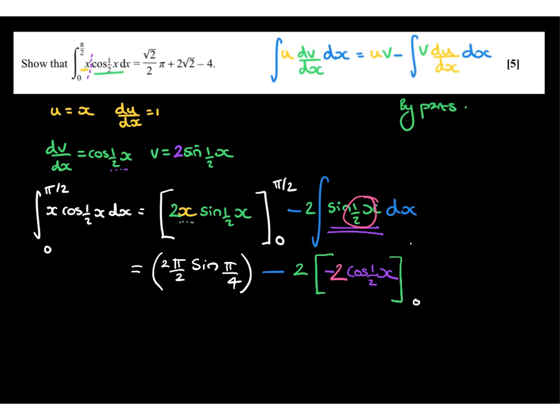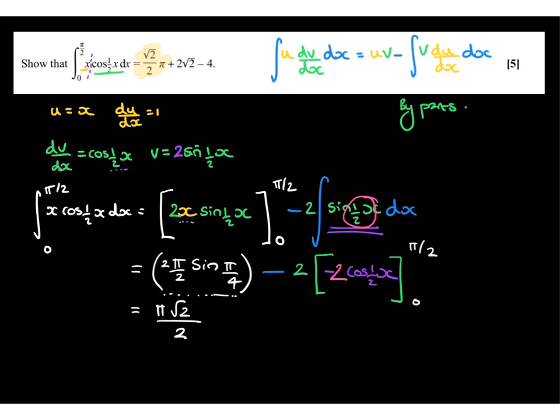And of course we need our limits of 0 and pi by 2. So over here, evaluating this bracket here, sine pi by 4 is root 2 over 2. So we get pi multiplied by root 2 over 2, which, if we notice, is part of the answer up over here. So that's promising. So just need to check that we get the rest of this correct.